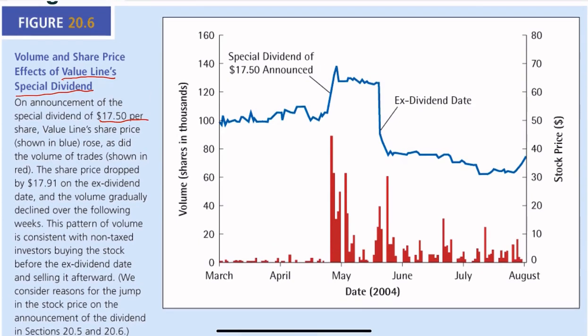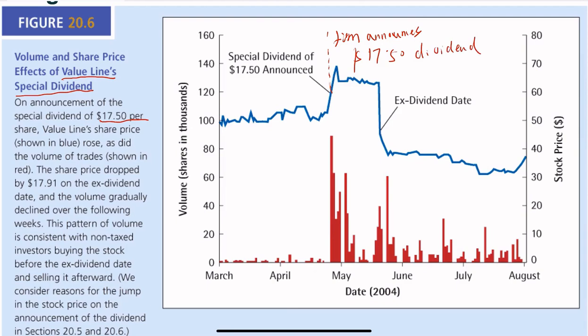And then what you can see here is, oh, sorry, it's not the ex-dividend date. So on this date, the firm announces this large dividend. So this is essentially an announcement date.